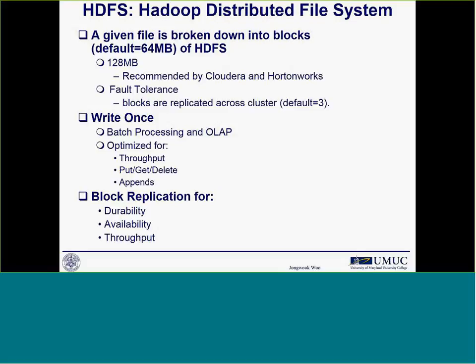Using Hadoop HDFS commands, you can simply put, get, and delete data, and you can also append data. And the three block replicas maintain fault tolerance for durability and availability, and even for throughput.